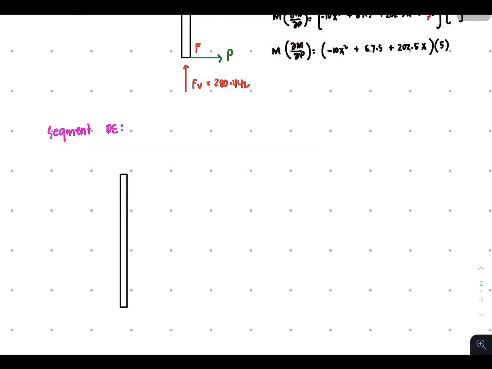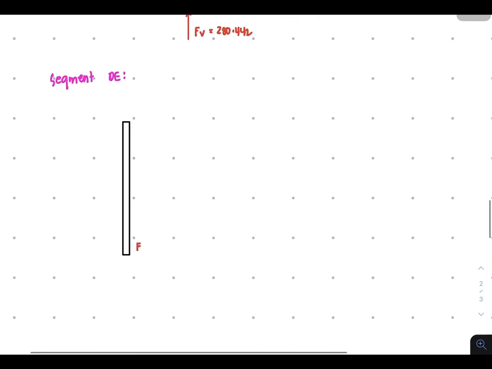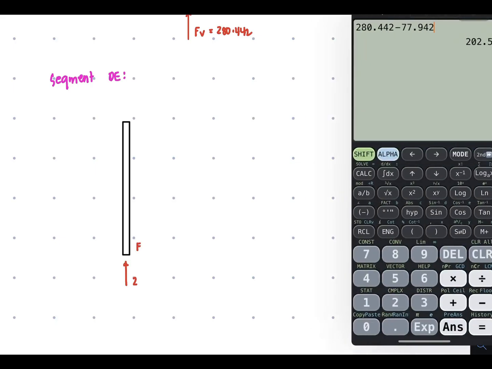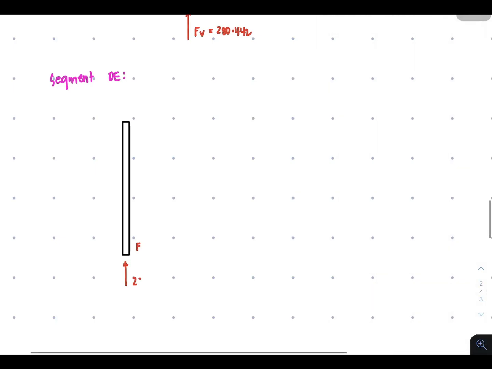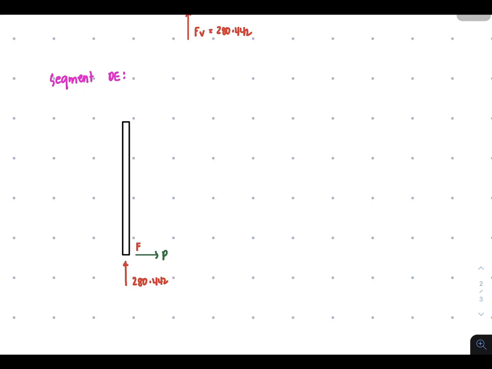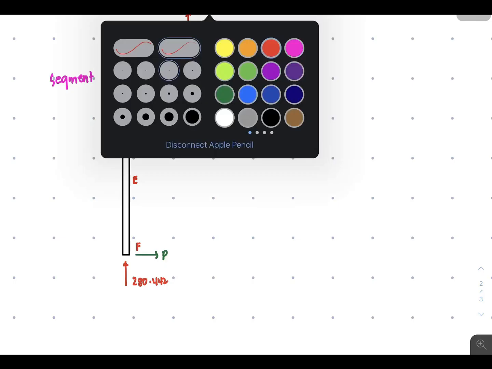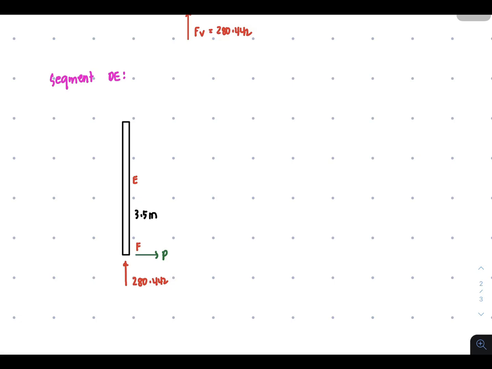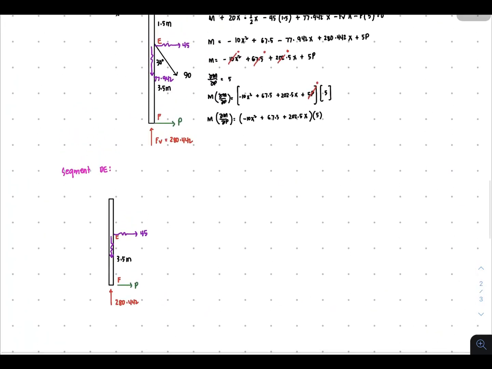So by the way, this is point F, and at point F there is 280.442, and there is also a P force. Then at point E here, which is 3.5 meters, there is a 45, and here this is 77.942.